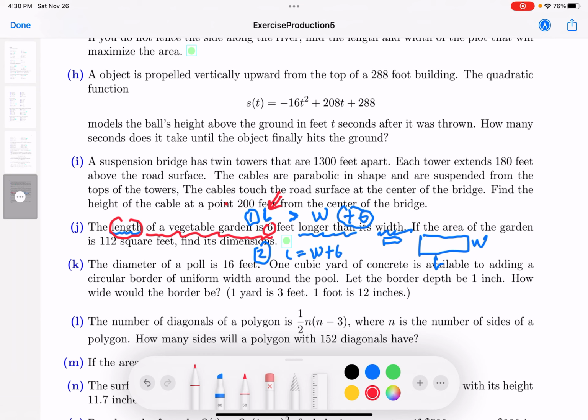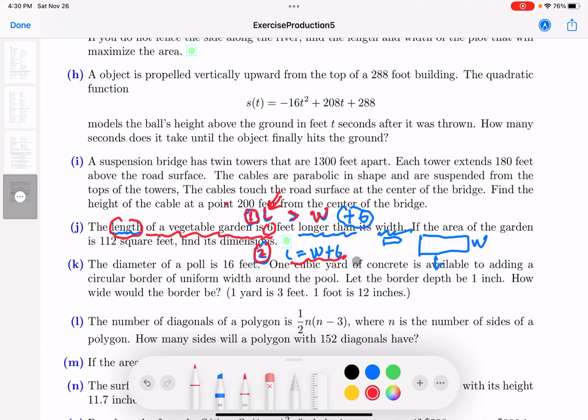So that's not correct. Okay? Be careful. You want to have 2 steps. Step 1, write which side is longer. And then step 2, write down the equation. That's a very important step. Okay?